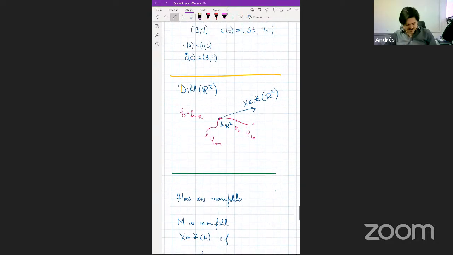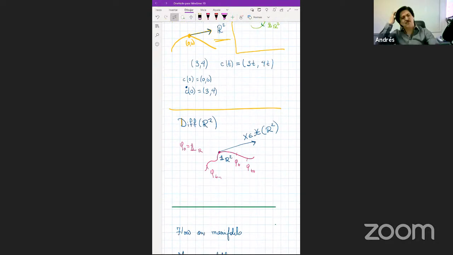Okay, now, understanding this makes sense to understand it on a manifold. The intuition that you can obtain from these examples is a very good starting point. It's nothing different when we go to manifolds.